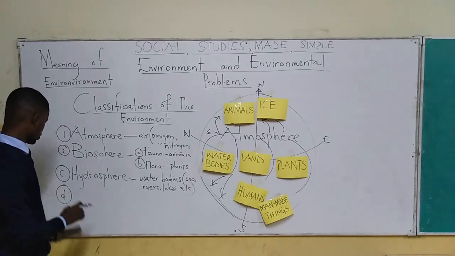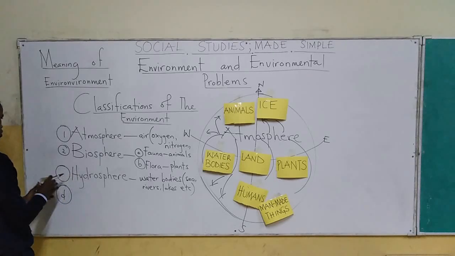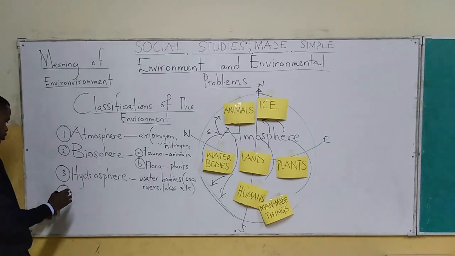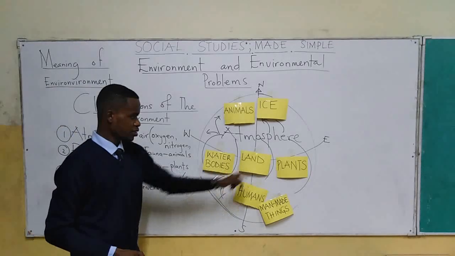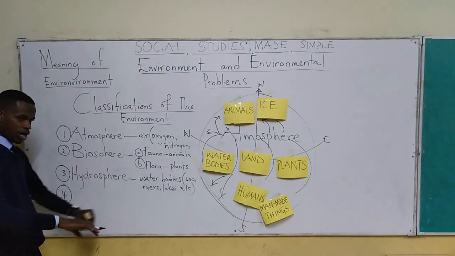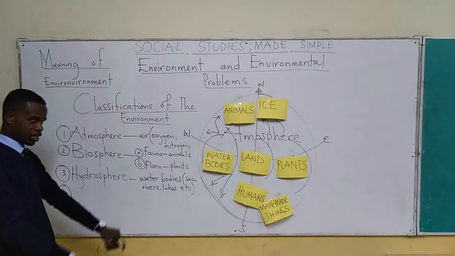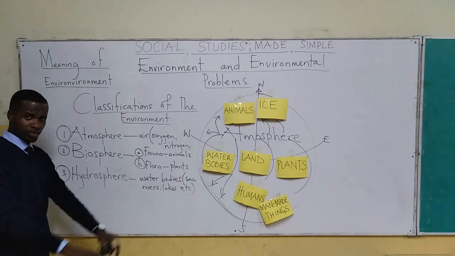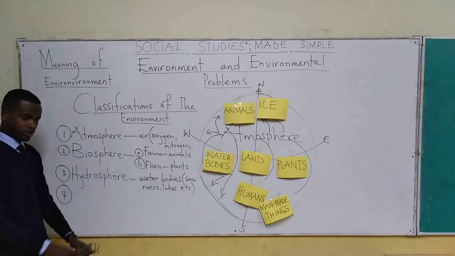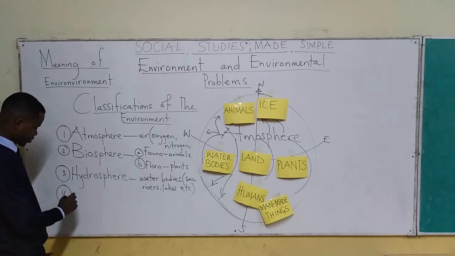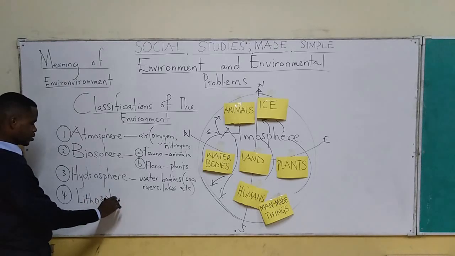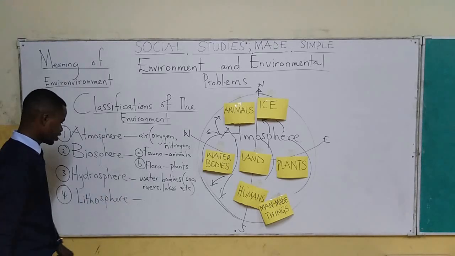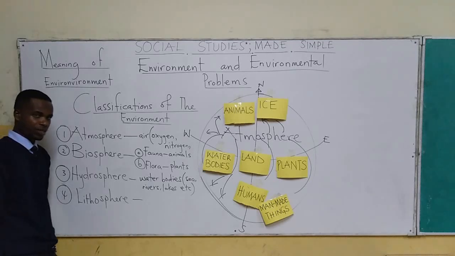Number 4. Let's look at the land where we stay, the part of the land where we perform our activities, where human activities take place. It is called the crust, and its sphere is the lithosphere.